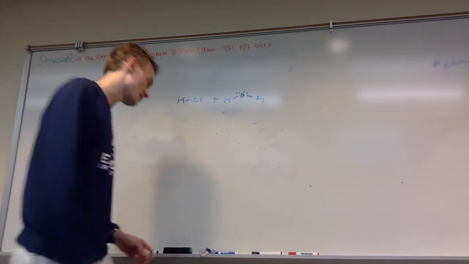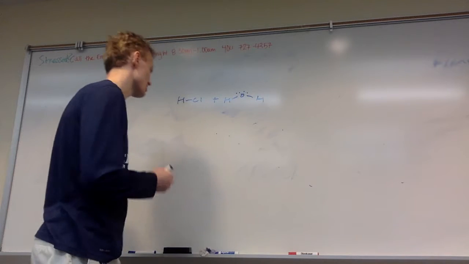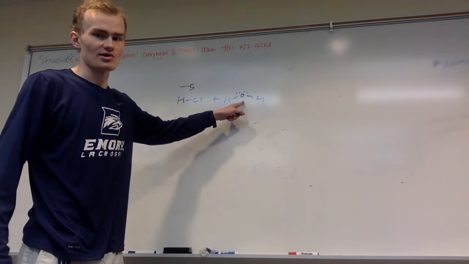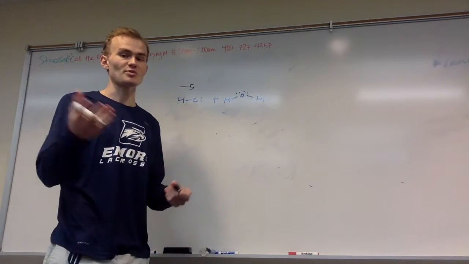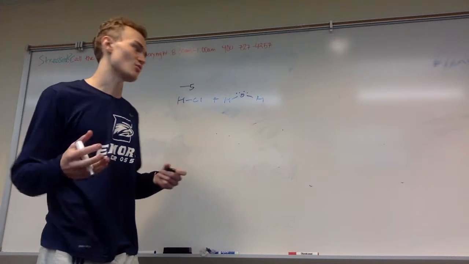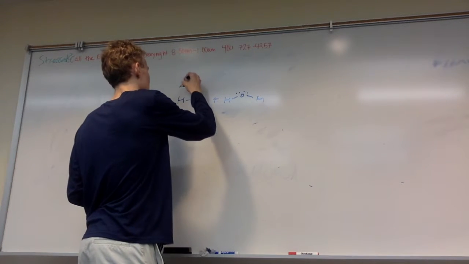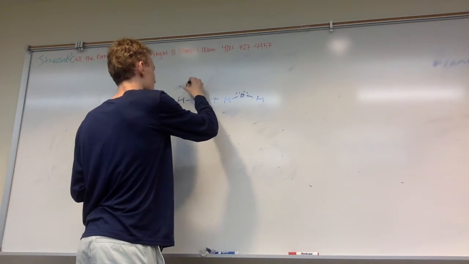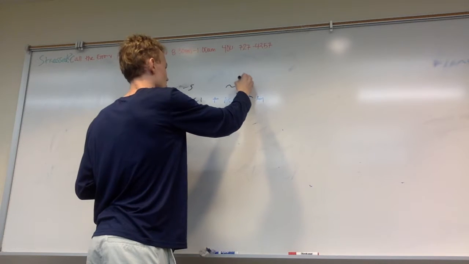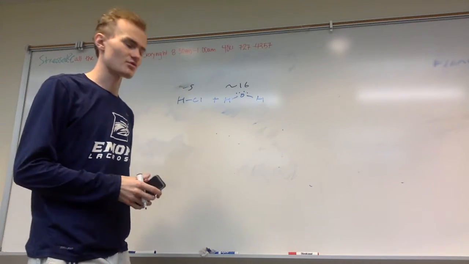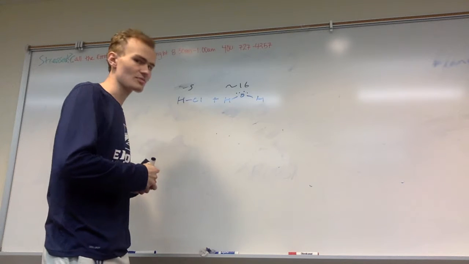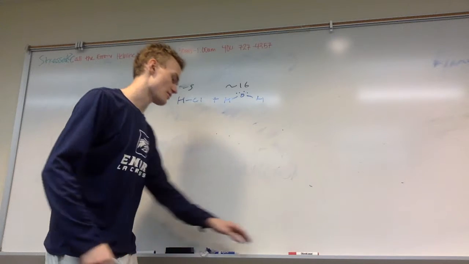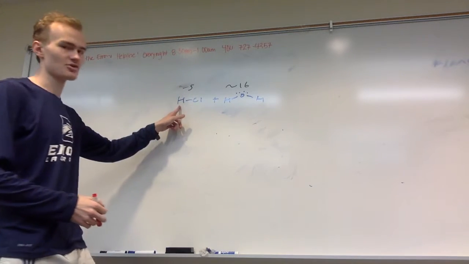The pKa of HCl is -5, and the pKa of water is about 16, specifically 15.74, but we'll just say 16, give or take. So to draw the arrow formalism, we know that HCl is the acid.